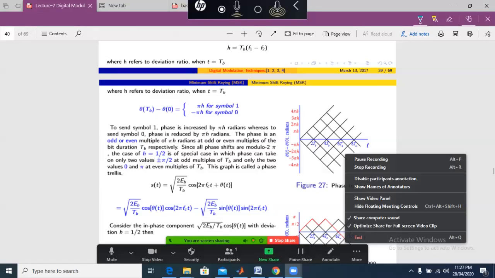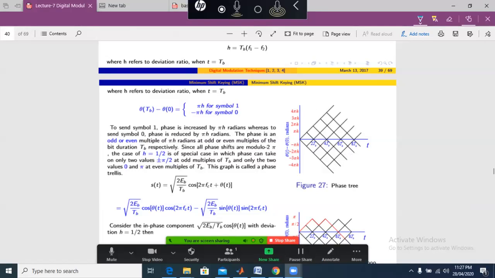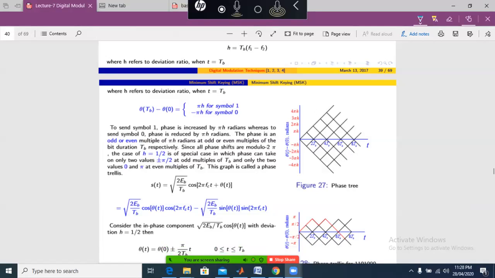So in this trellis diagram, we have the negative part as well, and we see that during the bit duration, it is linear.